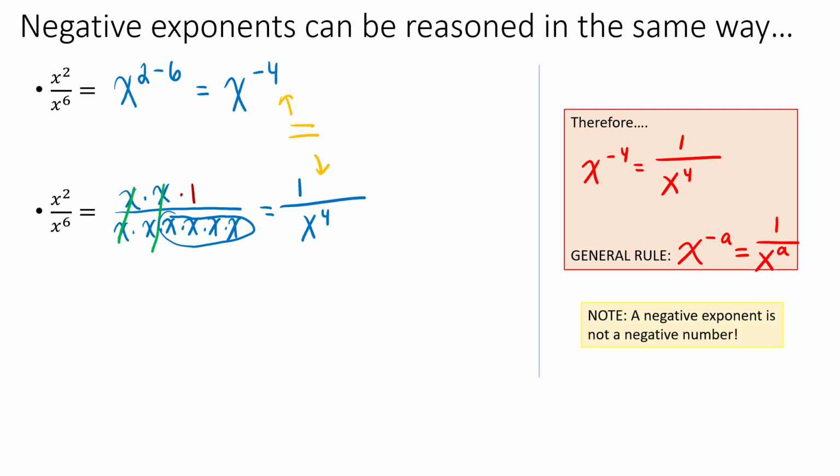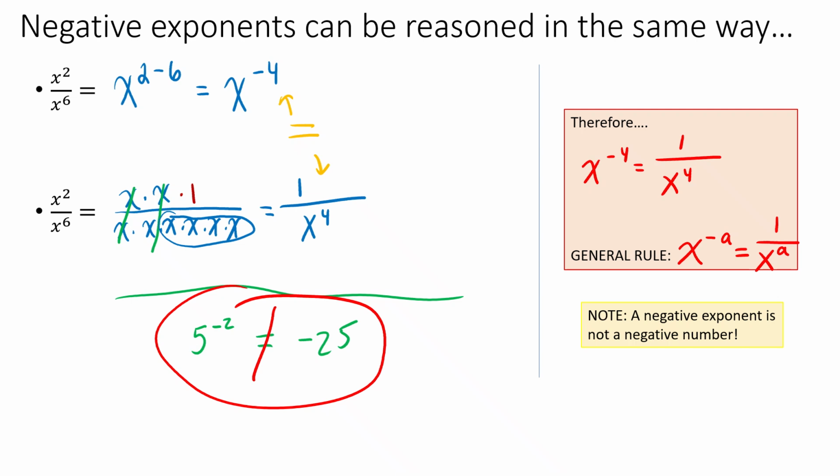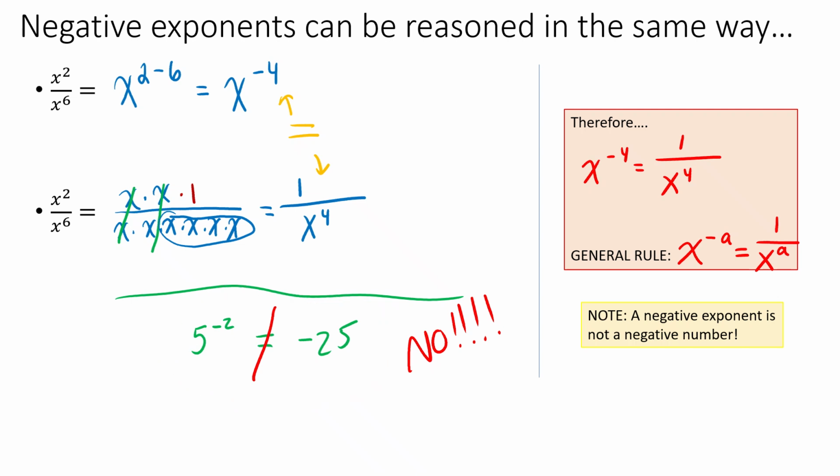Now, I do want to note this: a negative exponent is not a negative number. I will get this a lot. If somebody says 5 to the negative 2, I will get students say, oh, well, that's negative 25. No, no, no, because that negative exponent is not indicating a negative number. I get that a lot.